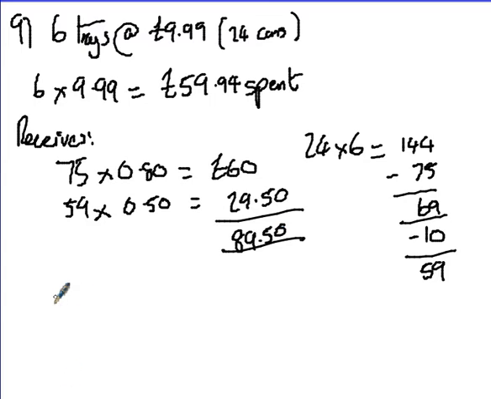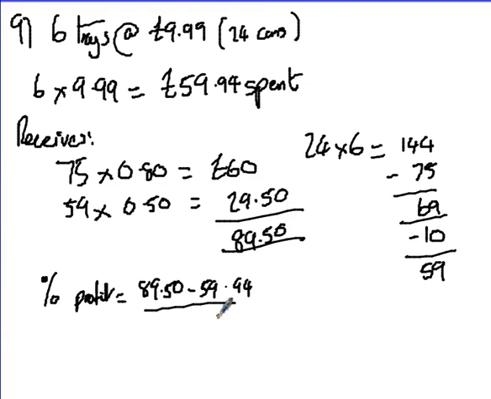So the percentage profit is his profit, which is £89.50 take away £59.94, over what he actually spent, which is £59.94, and you times it by 100, which is the profit divided by the total times by 100.